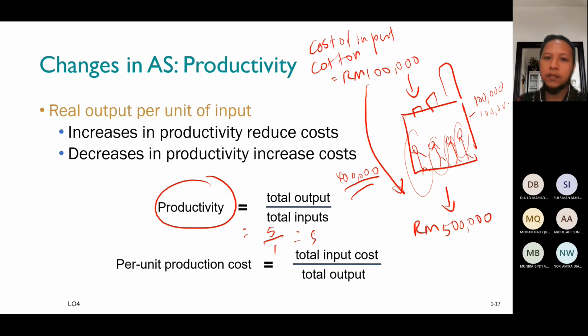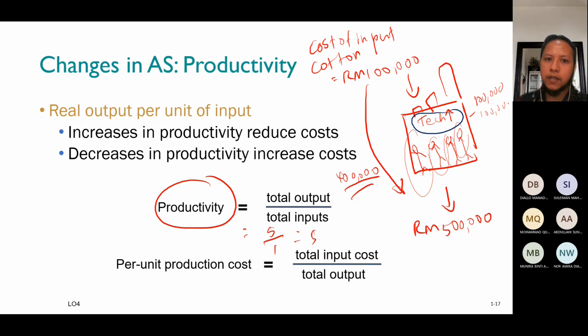Here, if for whatever reason they now have better machines, an increase in technology, let's represent this in blue. So they buy a new machine and there's an increase in technology.